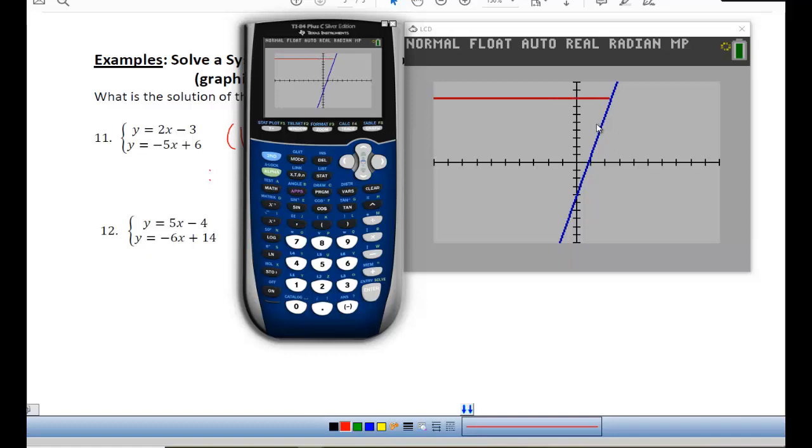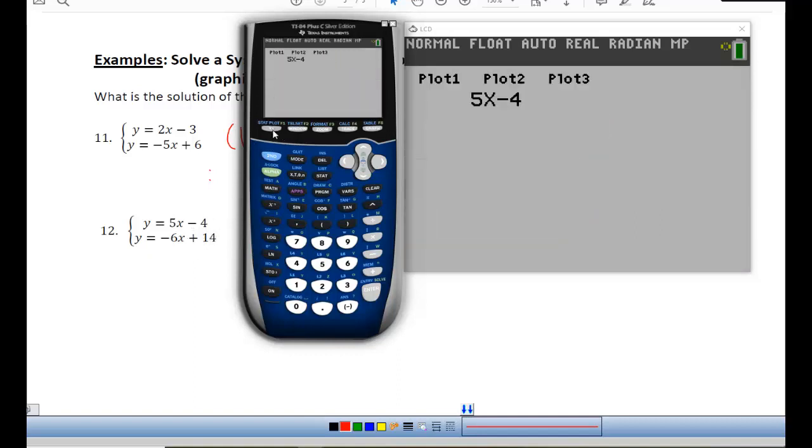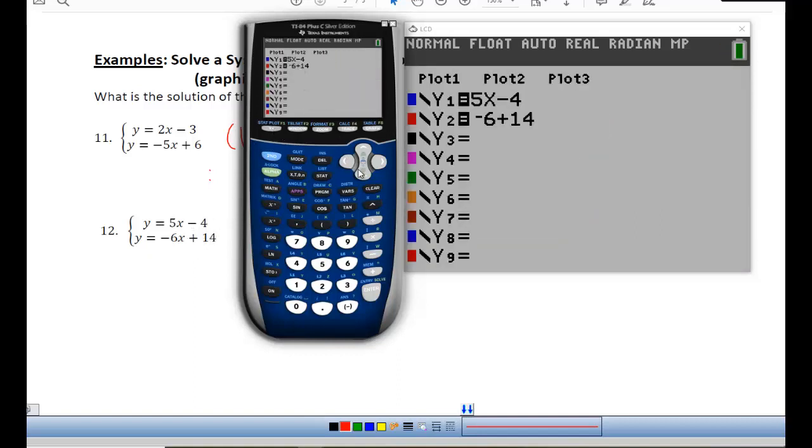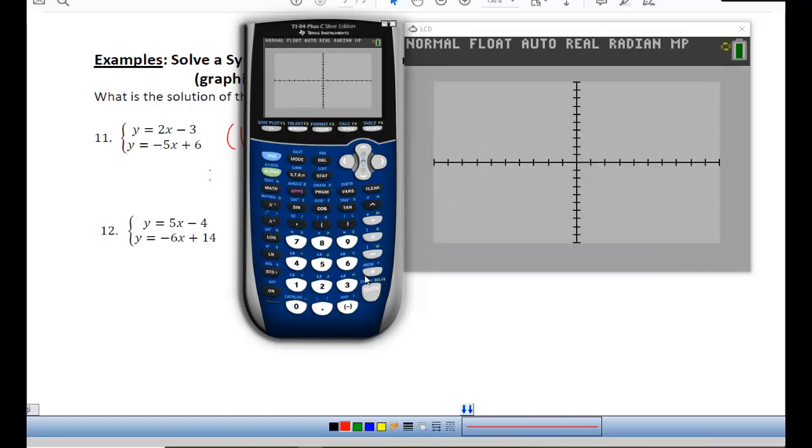And I can see, ooh, make sure I did something right. That looks like a horizontal line, which those equations do not. So let's go double check. And there it is. I missed my x. There we go. There's my first line, 5x minus 4. And here comes the second, negative 6x plus 14.